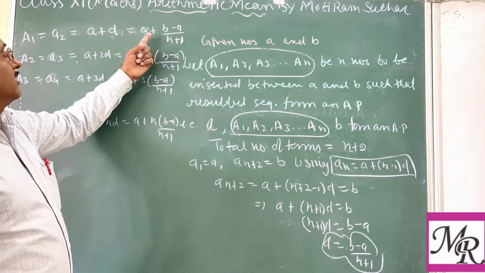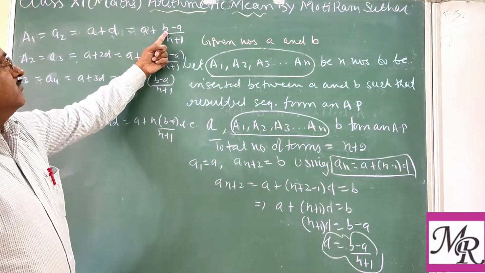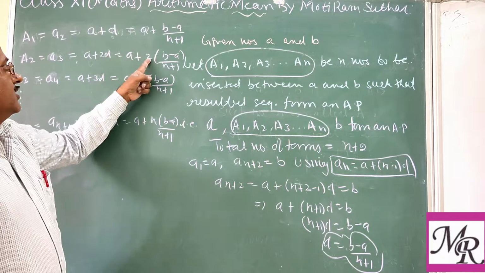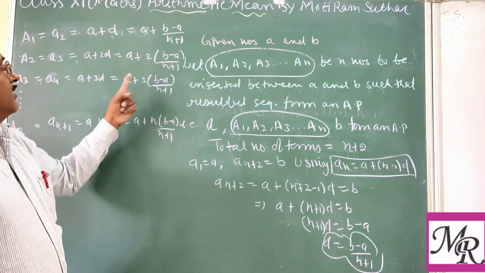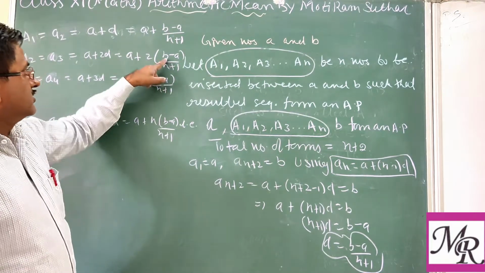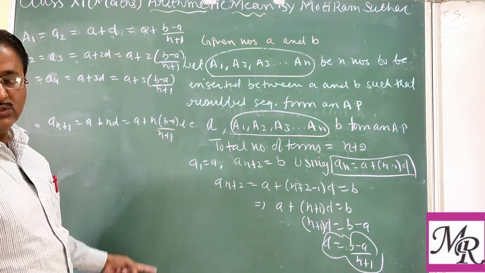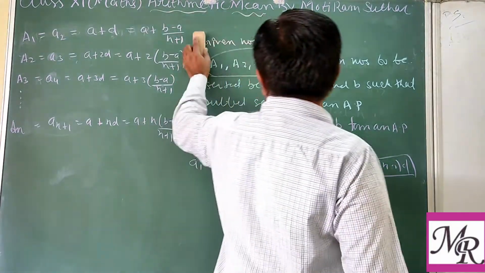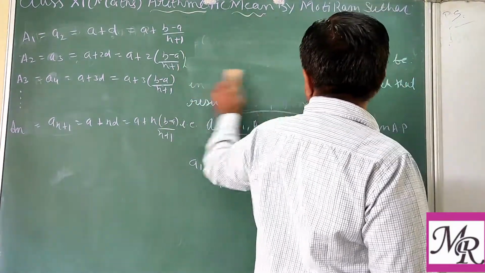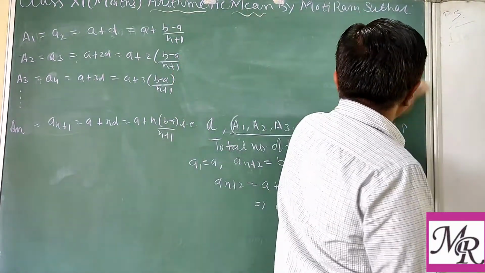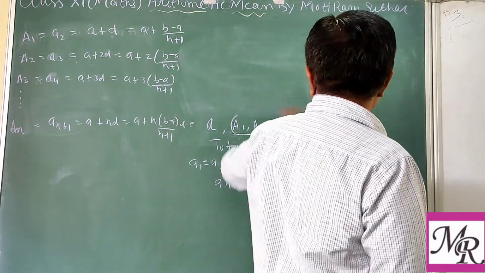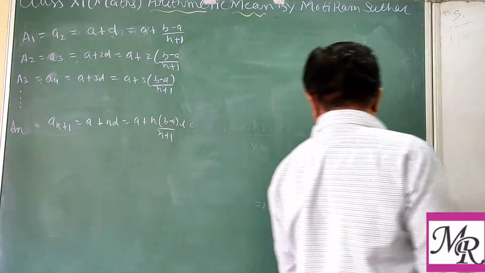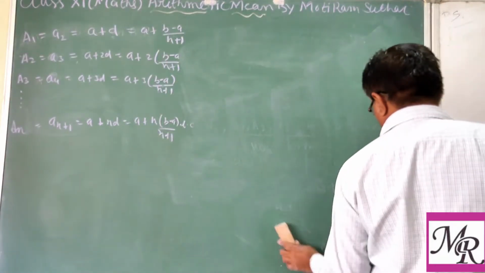A1, that is the first number, will be A plus B minus A by n plus 1. The second number will be A plus 2 into this D, the third A plus 3 into this D, and so on. In this way you can find all the numbers inserted between the given two numbers. So easily one can find the numbers which are inserted between the given two numbers.